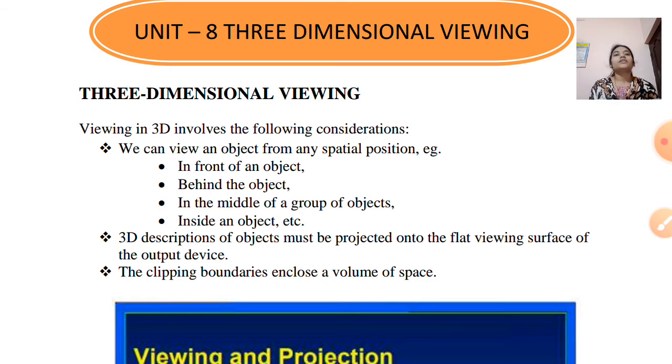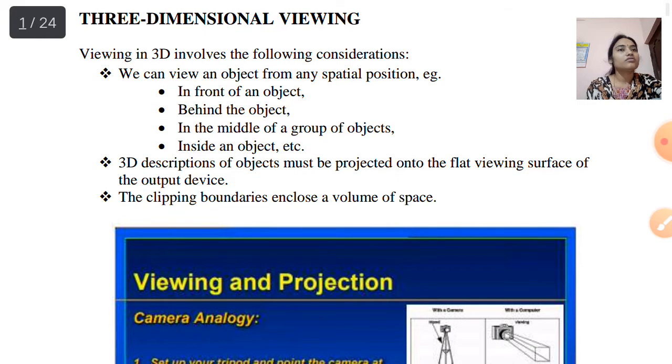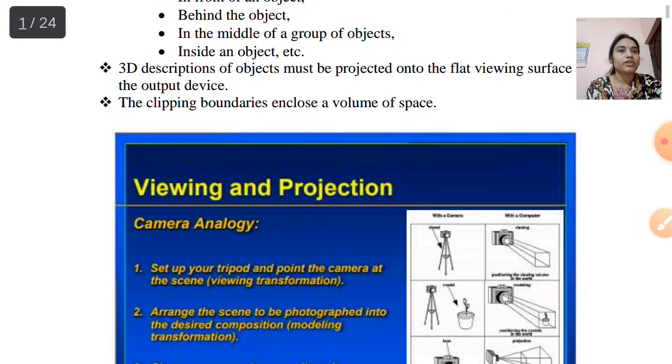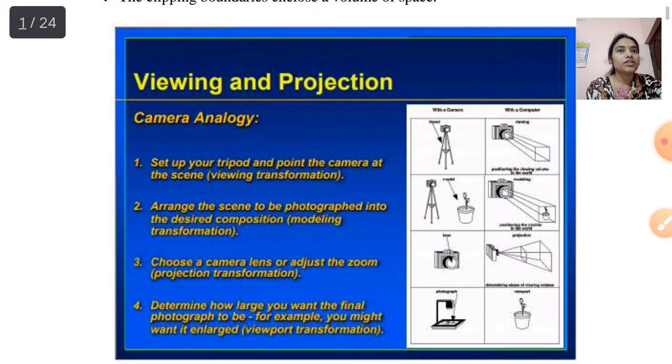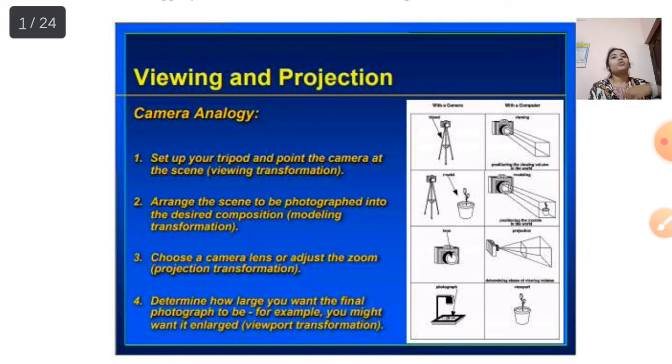Then the 3D description of the object must be projected onto the flat viewing surface of the output device. And the clipping boundary encloses a volume of space which the object covers. So in this diagram, we see how to view and project an object.